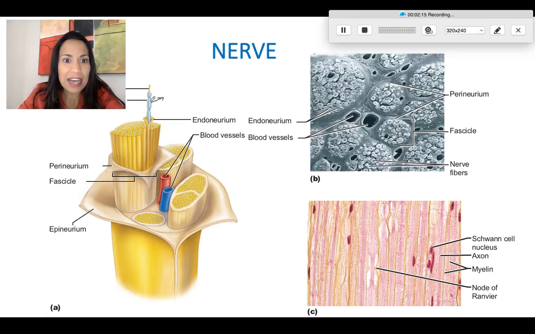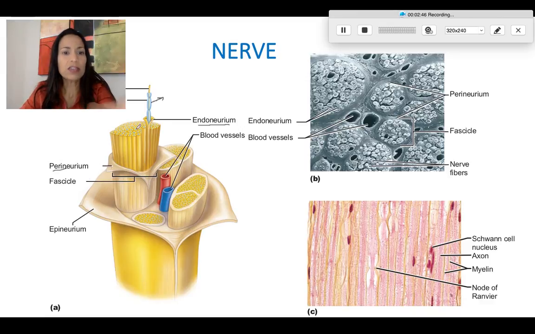Now, this axon with the myelin sheath is covered by a very delicate layer of areolar connective tissue called the endoneurium. You could grab a bundle of those axons, each covered by the endoneurium, and wrap it in another layer of connective tissue called, in this case, the perineurium, and then you have a fascicle.